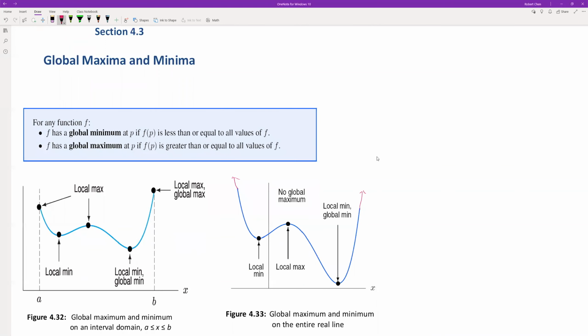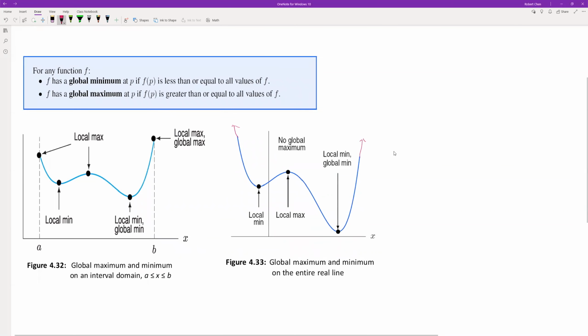In this case, figure 4.32, we're looking at from a to b. So the function f that we're going to look at is just in between a and b now. So here we will have our maximum right here in this case, so we can compare the highest value of the function.